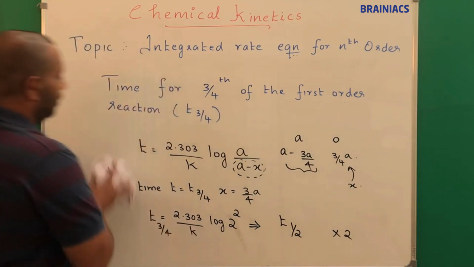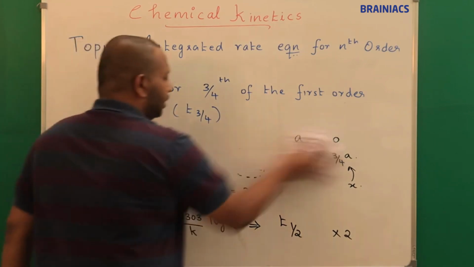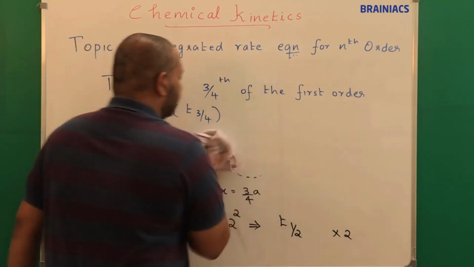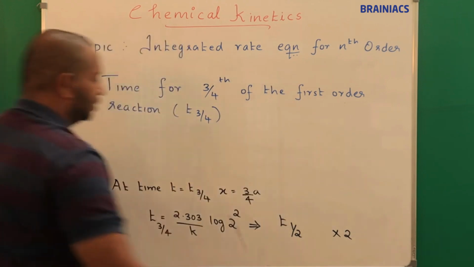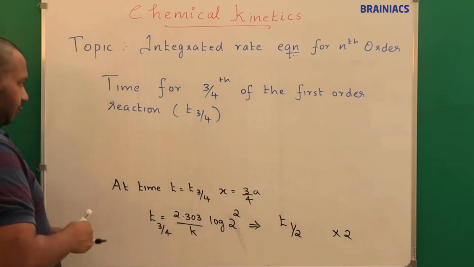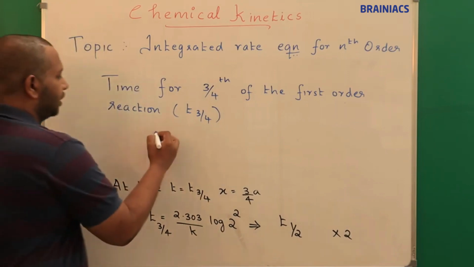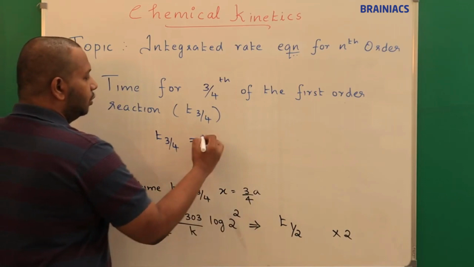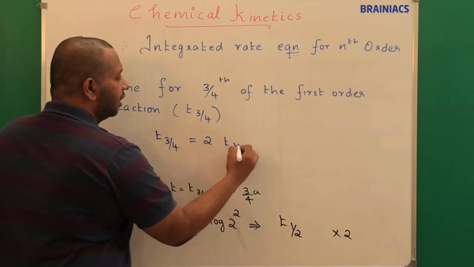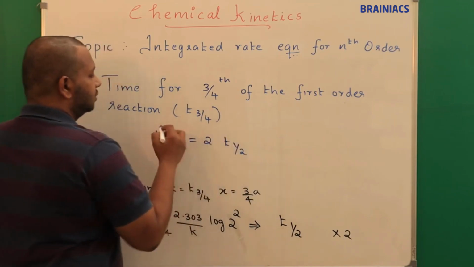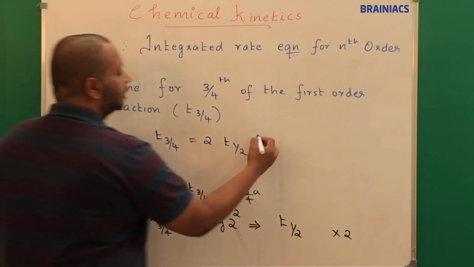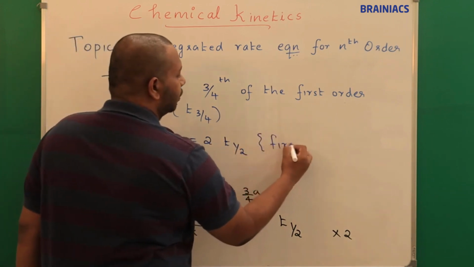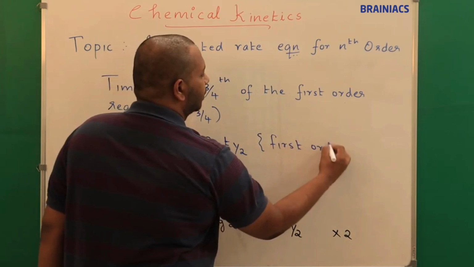So what is the final conclusion of this one? My final conclusion is very simple. T3 by 4 is equal to 2 times T half. Understood? This is for first order reaction.